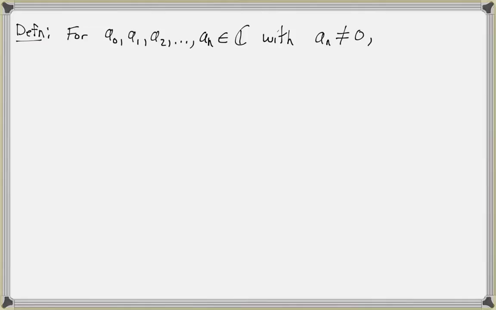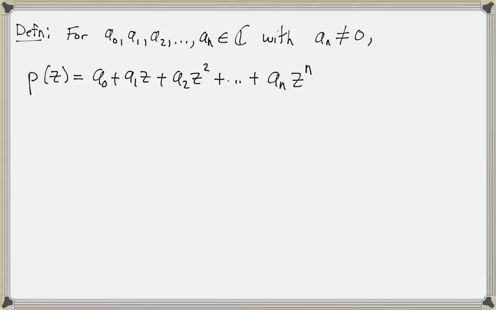We define the polynomial p of z equal to a0 plus a1 z plus a2 z squared all the way up to an z to the power n. We call this a polynomial of degree n.